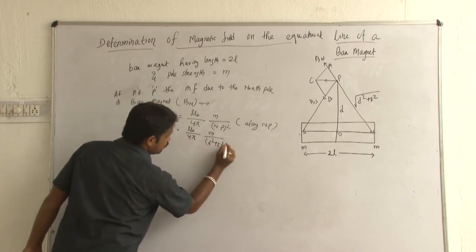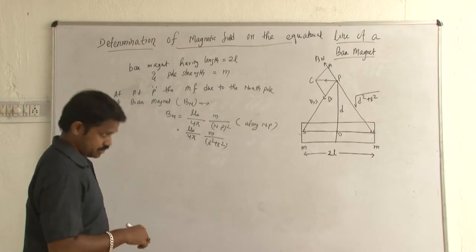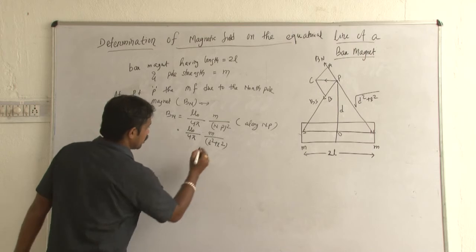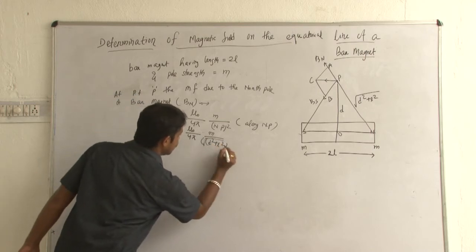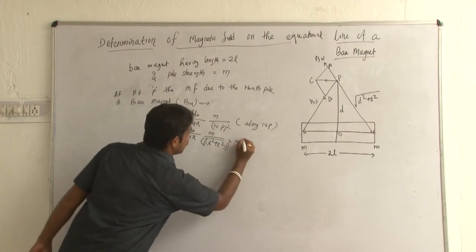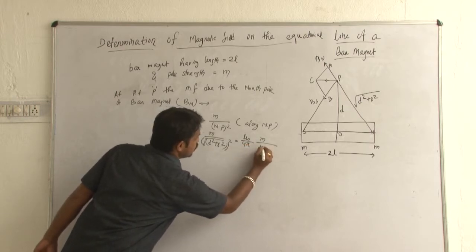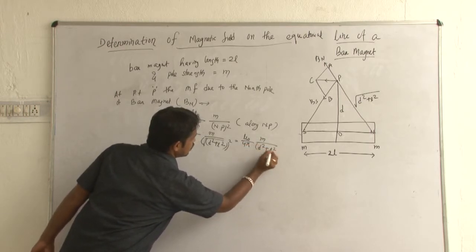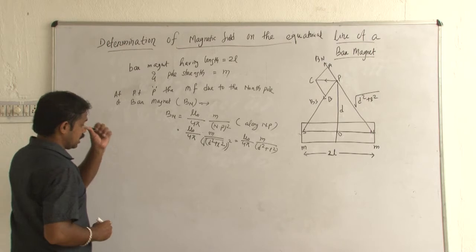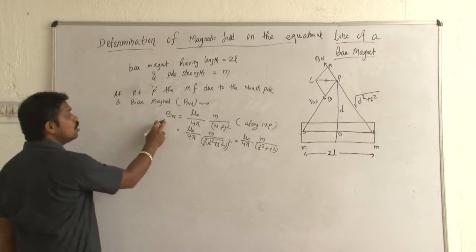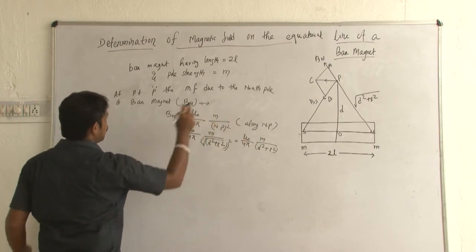Very simple. So that means it is only d square plus l square. Clear all of you? So I can write Bn equals mu 0 divided by 4 pi, m divided by d square plus l square. Very simple. Clear all of you? So this is the magnetic field due to the north pole at the point P.